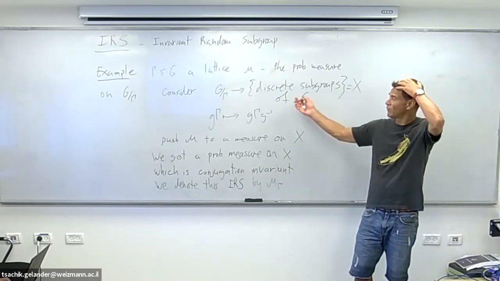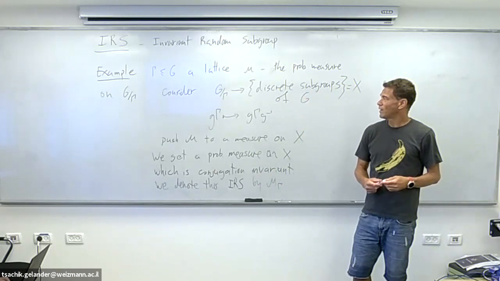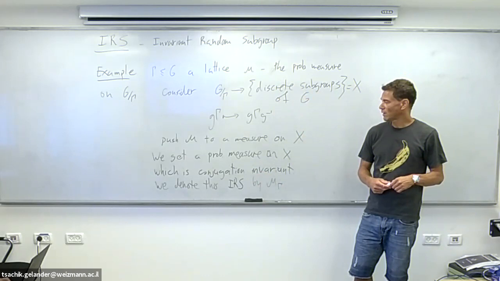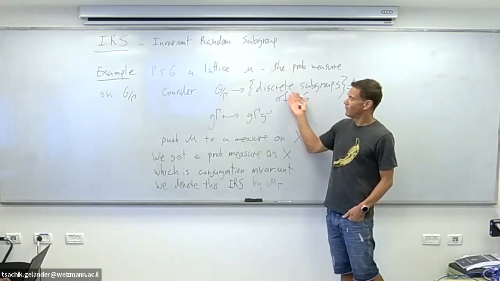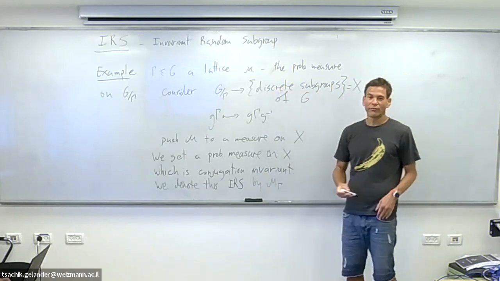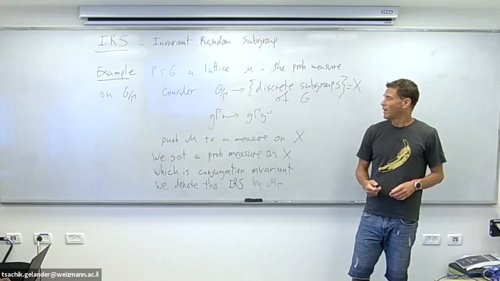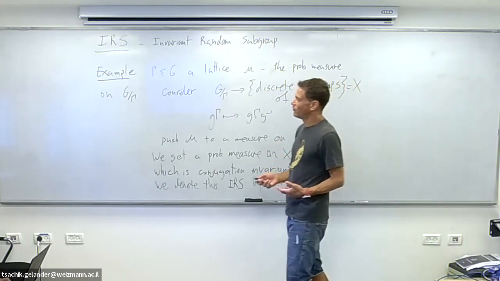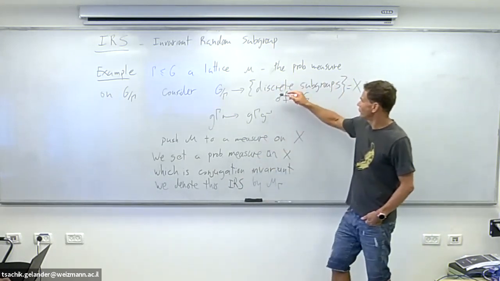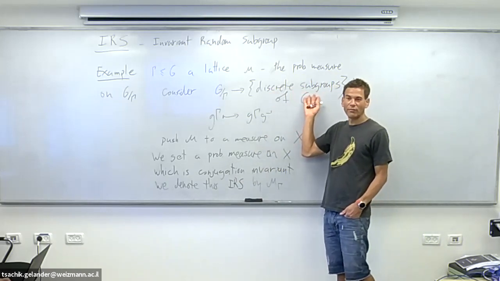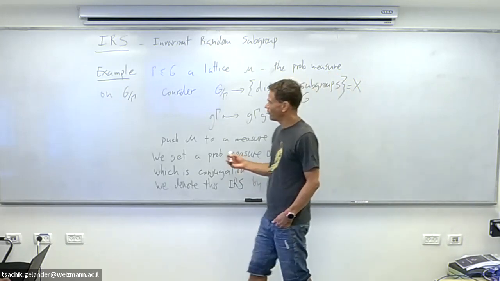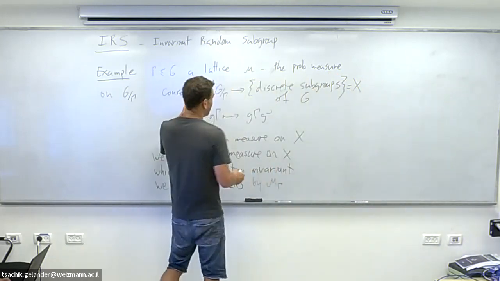And you see that in this way, every lattice gives you an IRS, a probability measure on the space of discrete subgroups, which is conjugation invariant. This gives a motivation to study more generally the space of all conjugation invariant probability measures, the space of all IRSs.